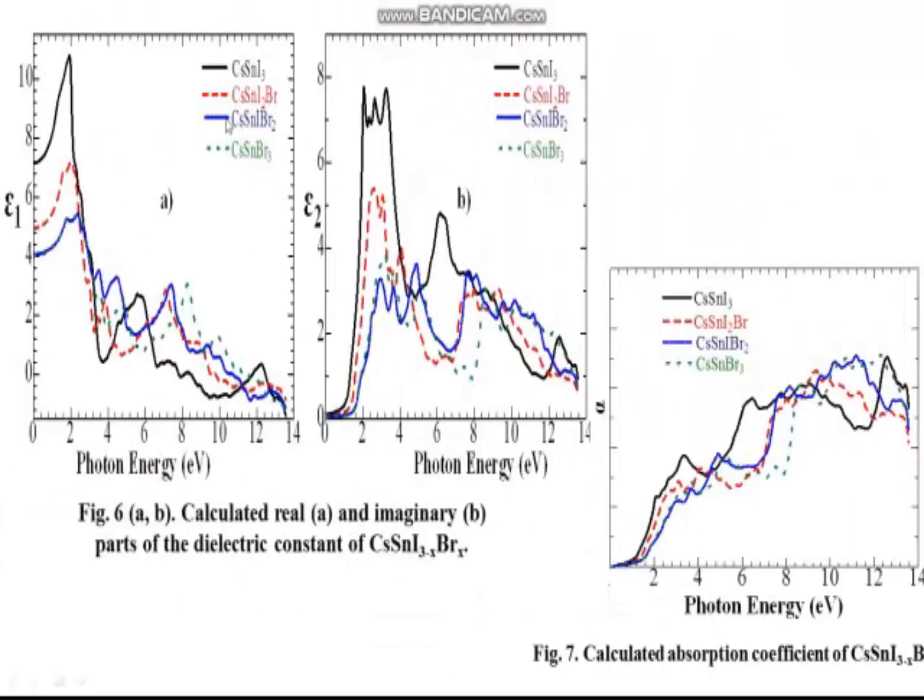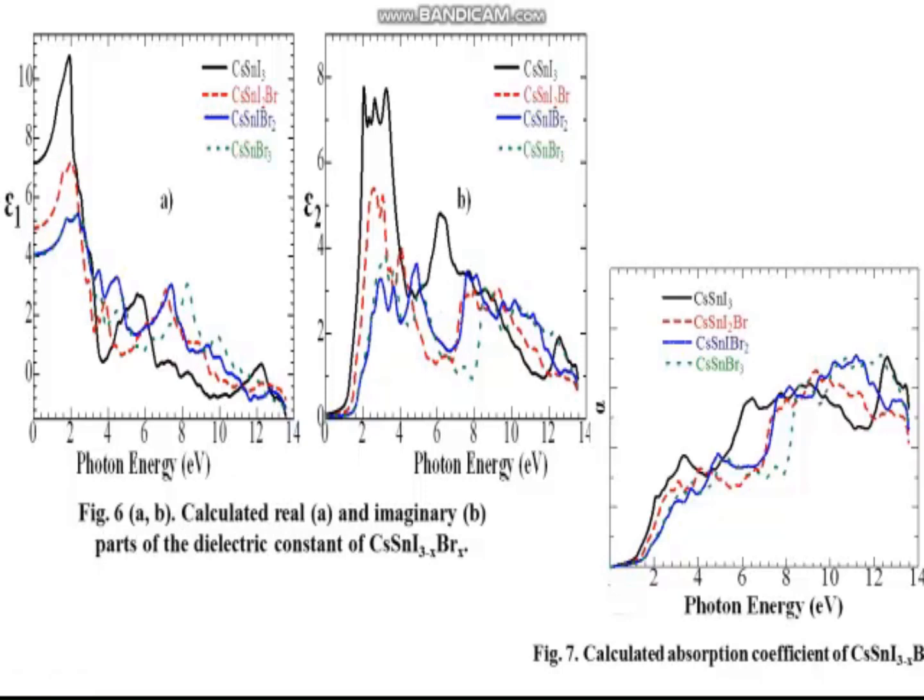The optical properties are calculated using the optic program implemented in the WIEN2k package. Real and imaginary parts of the dielectric constants epsilon 1 and epsilon 2 are shown in Figures 6a and 6b respectively for all the family of systems studied here.